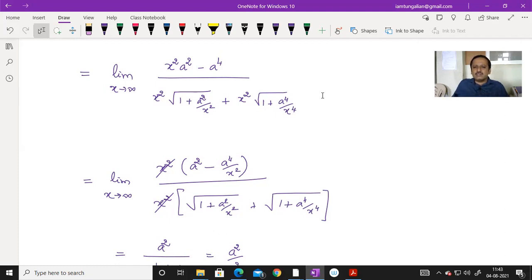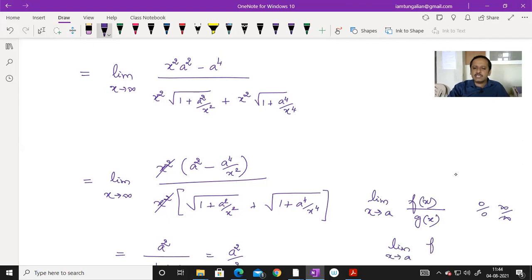Another doubt is, sir, does L'Hospital's rule follow product and quotient rule? No, no, no. While using L'Hospital's rule, you have to differentiate. Suppose you have, let us say, limit x tends to a, f of x by g of x. If you are getting 0 by 0 or infinity by infinity, then this can be written as limit x tends to a, f dash of x divided by g dash of x.